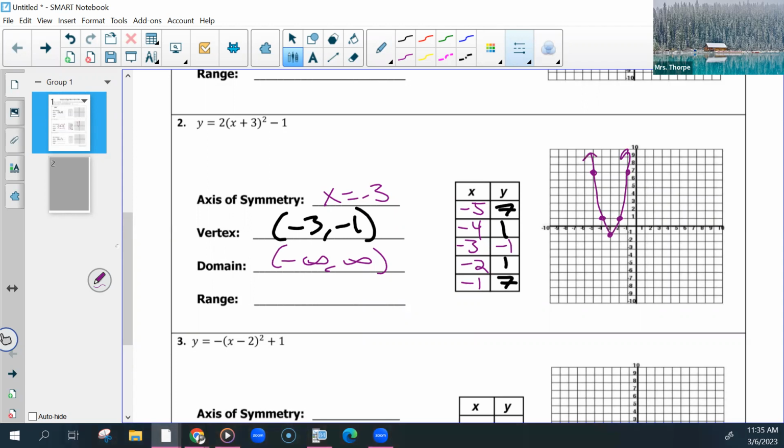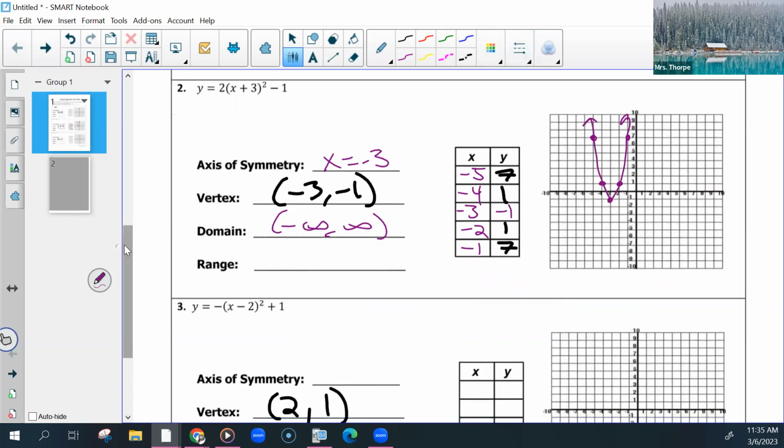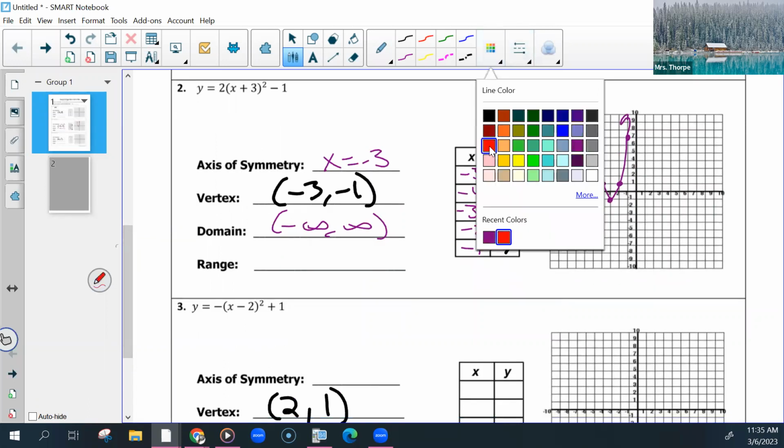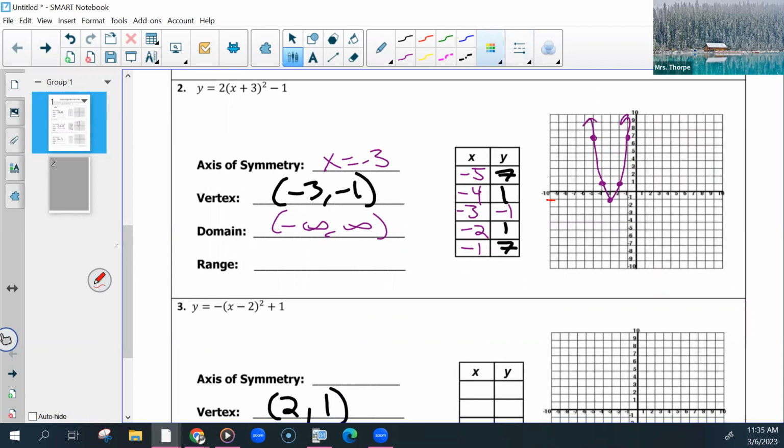And then our range, what's our lowest point, what's our highest point? -1 is the lowest, and then it's above that.